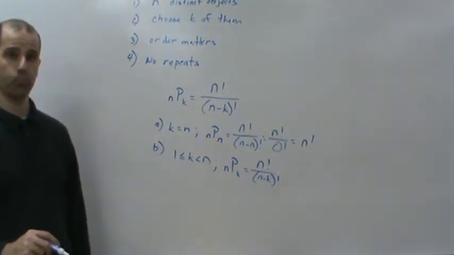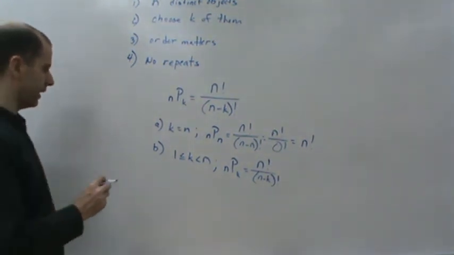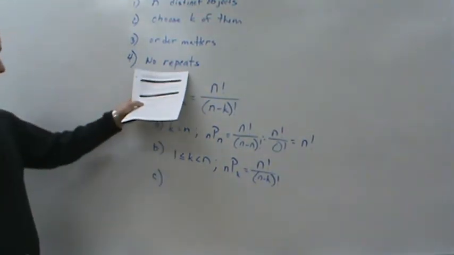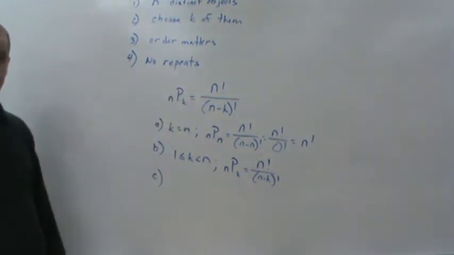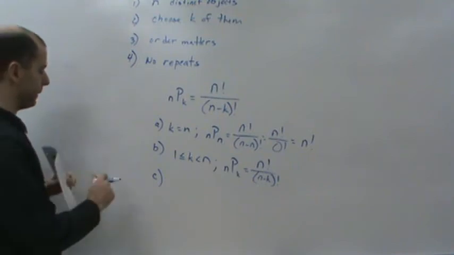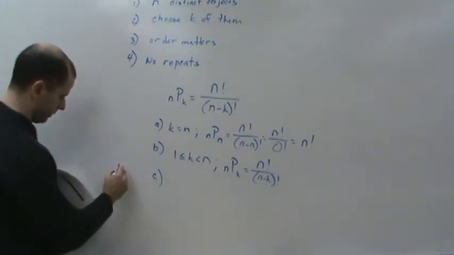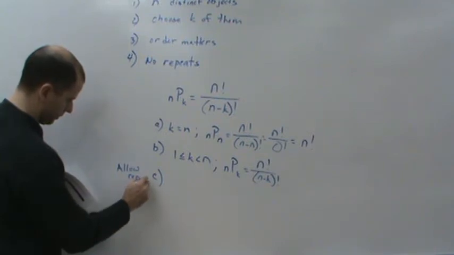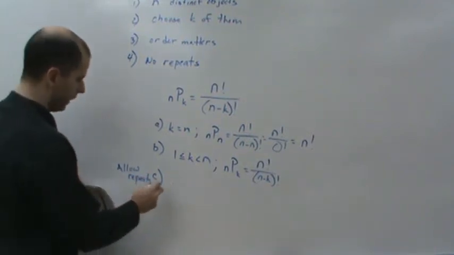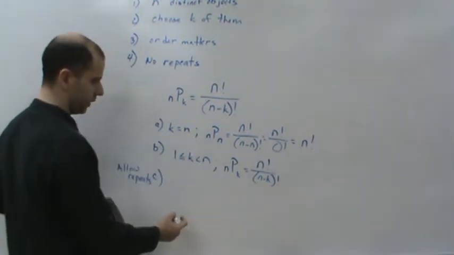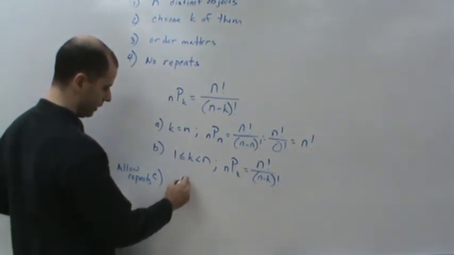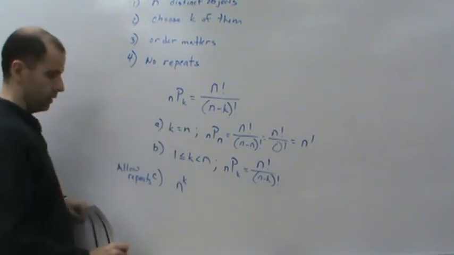Okay? Now the last thing is, what if I allow for repeats? If I allow for repeats, then this formula just reduces to n to the k.